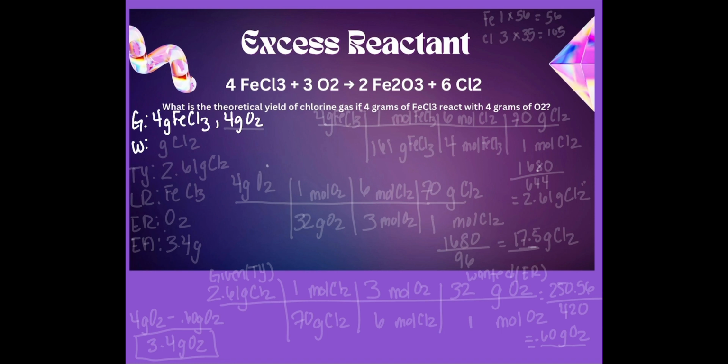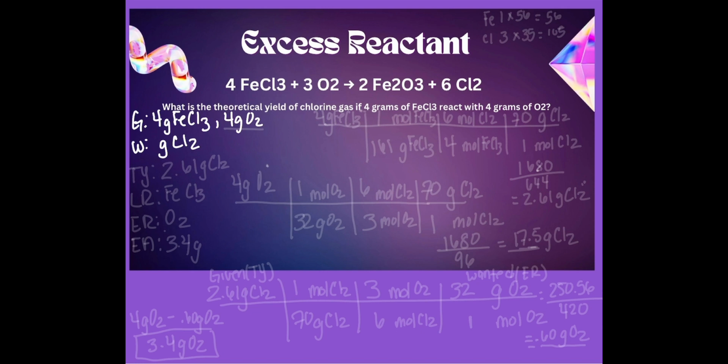When I read the problem again, it asks what is the theoretical yield of chlorine gas. That lets me know that that is what I'm trying to find, okay? So I know that my want is going to be grams of chlorine gas, which is CO2, okay?